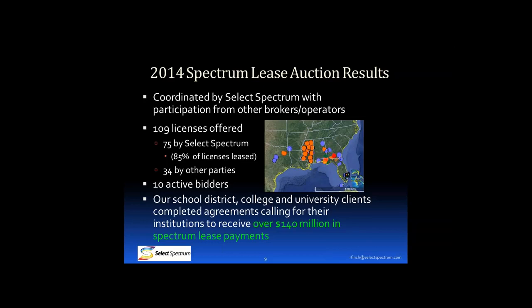So we took well over a year to assemble 109 licenses in the last Spectrum lease auction. We managed 75 of those directly, and of those 75, 85% of those licenses were leased. By the way, this auction was concentrated in the Southeast. That's where the majority of the licenses were, but there were some in other parts of the country as well.